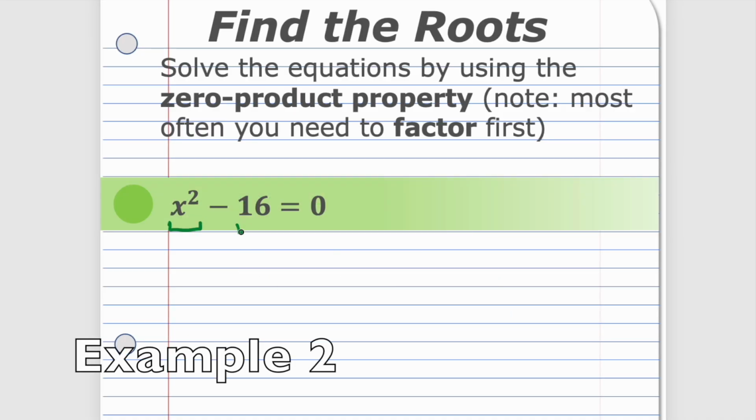We have a term at degree 2, and it's possible to solve this equation by taking the square root of both sides, so x is equal to plus or minus 4, as before. However, we can also use the zero product property here as well. If we could somehow write this as a product, we'd be able to apply the zero product property, and that requires us to factor.